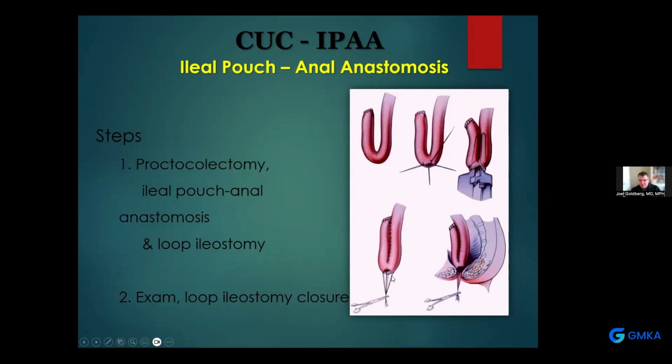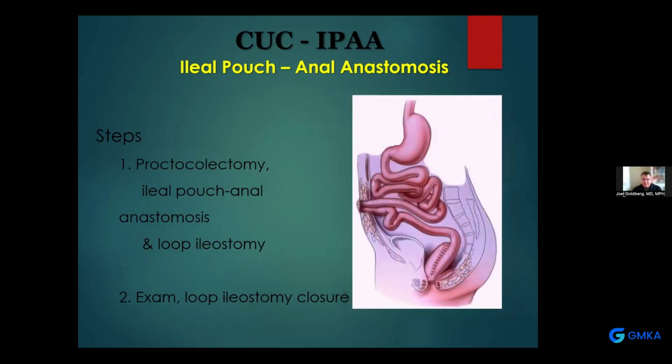And nowadays, instead of taking out the lining of the anal canal and doing a mucosectomy, we staple at the levators and we put an anvil into the proximal bowel and we do a double stapled technique. And everybody gets a loop ileostomy.